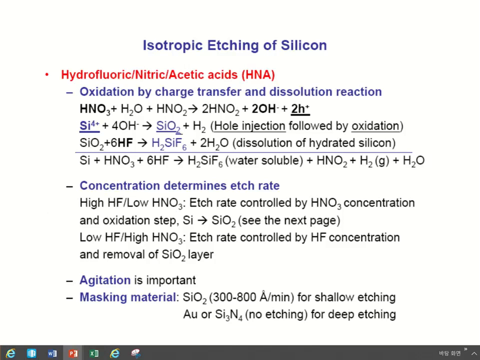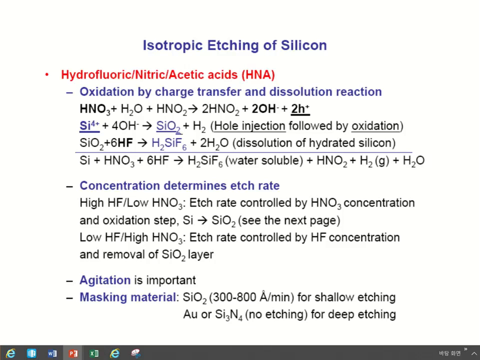Depending on the composition, with high HF and low HNO3, the etch rate is controlled by the HNO3 concentration and the oxidation step. If you have a composition on the other side, the etch rate is controlled by the HF concentration. Agitation is important in this step, and a good masking material for HNA etching is silicon dioxide.